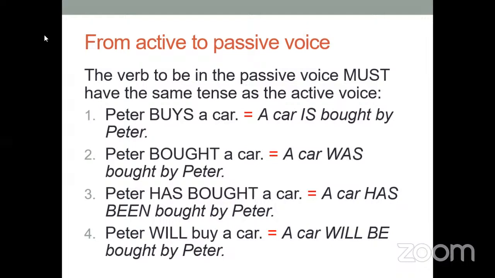Peter bought a car. A car was bought by Peter. Peter has bought a car. A car has been bought by Peter. Peter will buy a car. A car will be bought by Peter.